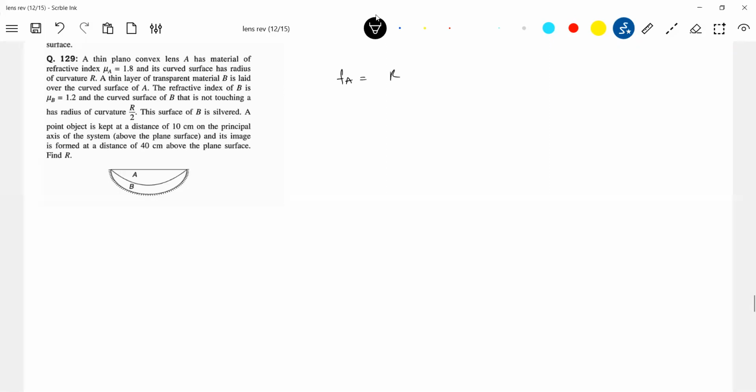By mirror formula, RA by mu A minus 1. What about FB? FB, you should use lens maker formula. Mu B minus 1 by 1 by RA. Both will be negative here. Calculate FB. Then use lens maker formula and find out effective focal length.